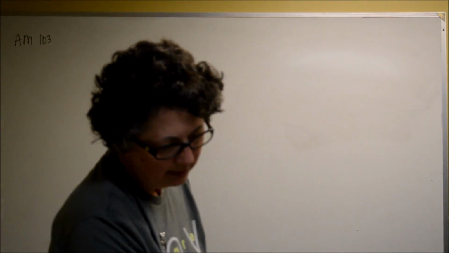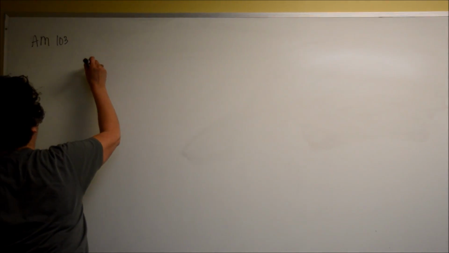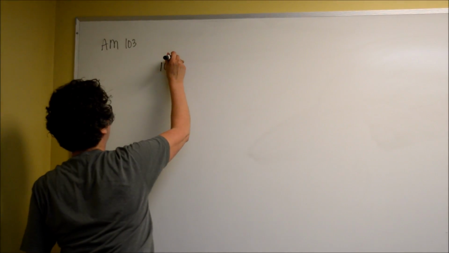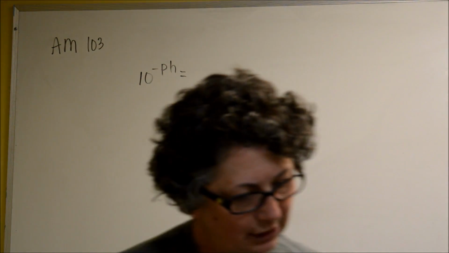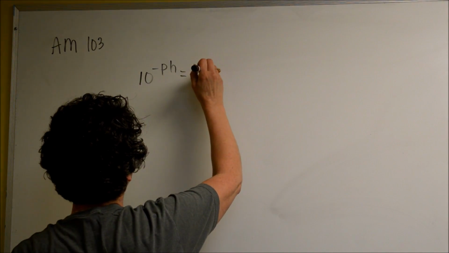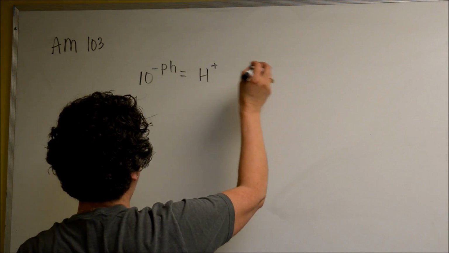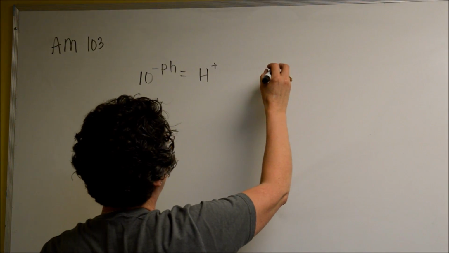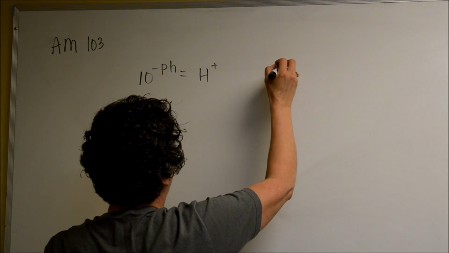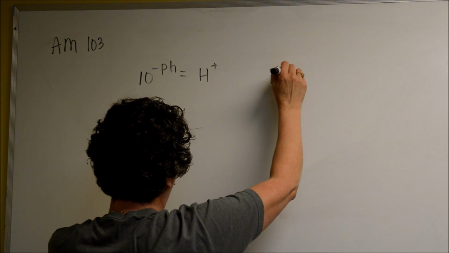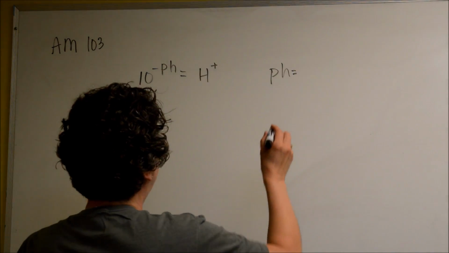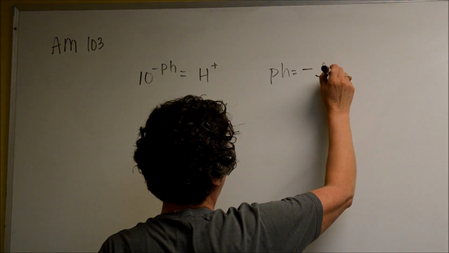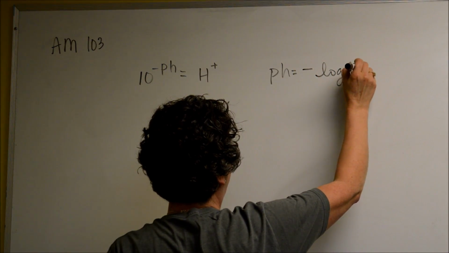Let me put them up here so we know what we're talking about. 10 to the negative pH is equal to H plus, that's the exponential form, so pH is equal to the negative of the logarithm of H.